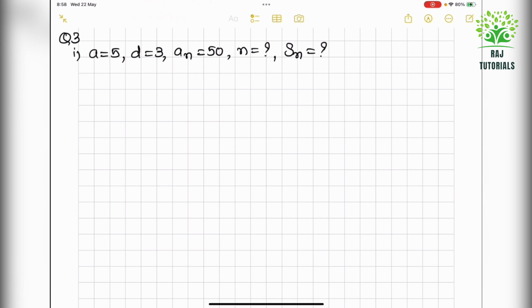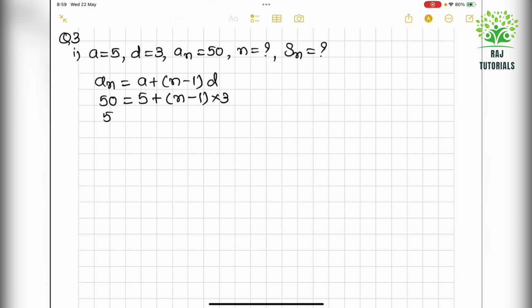Now question 3 says given A equal to 5, D equal to 3, An equal to 50, find N and Sn. So to do that, again first I need to find N. So An equal to A plus N minus 1 D. So An is 50 equal to A is 5 plus N, N I don't know, so N minus 1 into D is 3.